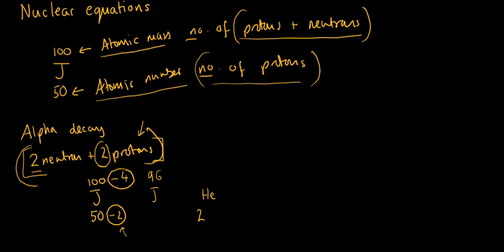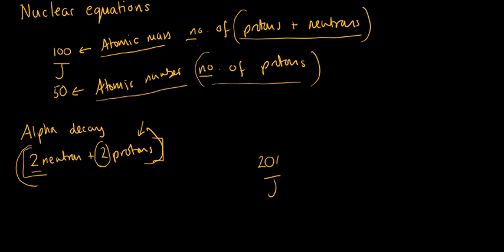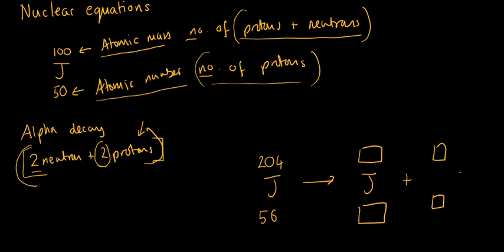So if you want to try a made up example, if you write this down, could you please tell me what should go there, what should go there, and what are we going to put here and here as our alpha particle? If you could try that on your piece of paper now.